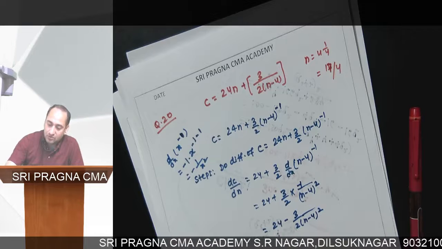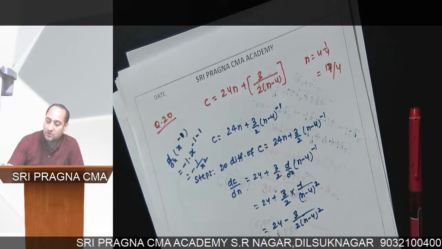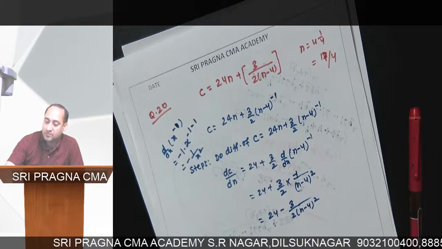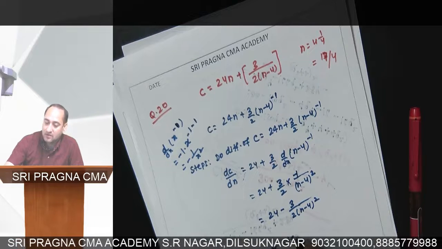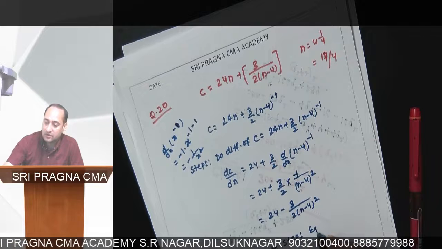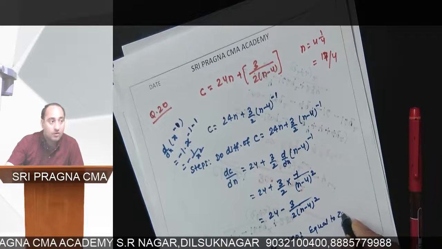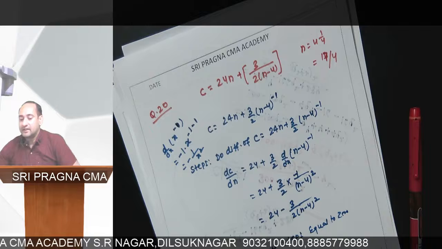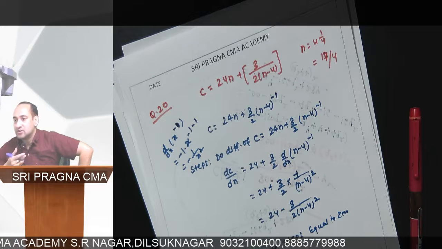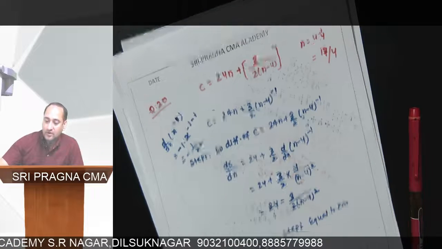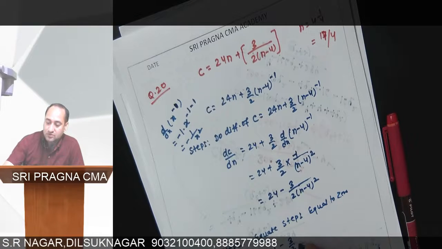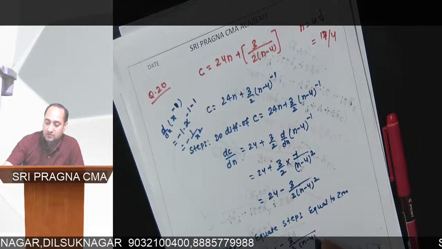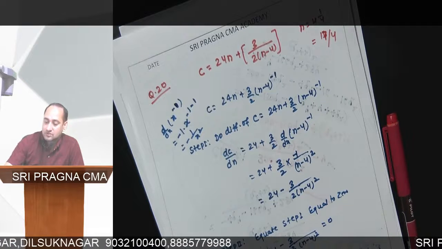Step number 2. What do I need to do? Equate step 1 equal to 0. So we have 24 minus 3 by 2n minus 4 whole square equal to 0.